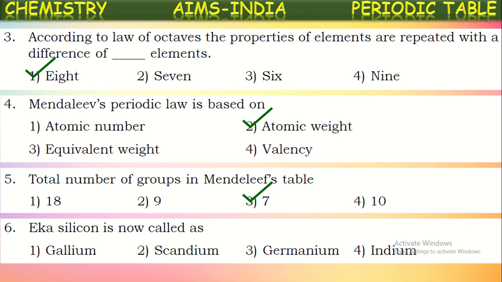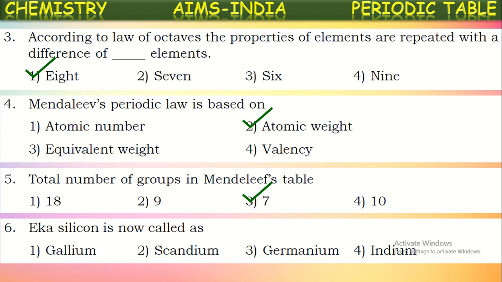For example, a blank place is left below silicon and it is expected to have similar properties to silicon. That's why he named that element ecosilicon.